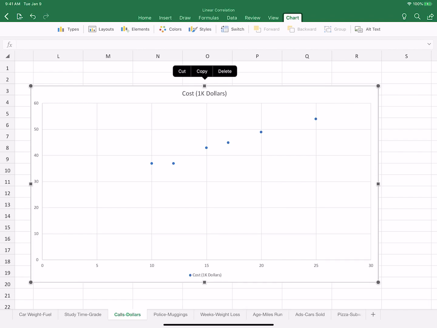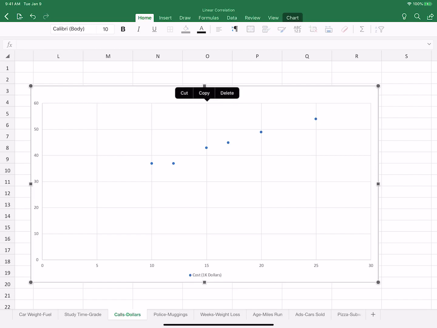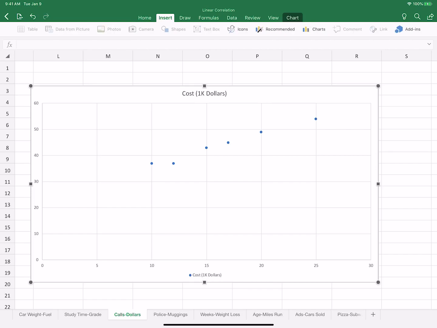I believe we have the chart. I'm not sure where it is. This is only like the second time I ever used this. So maybe it's down here. Okay, we're going to find, no. Recommended?